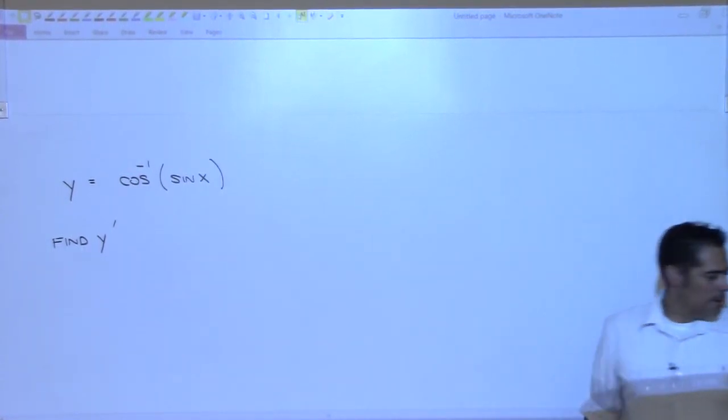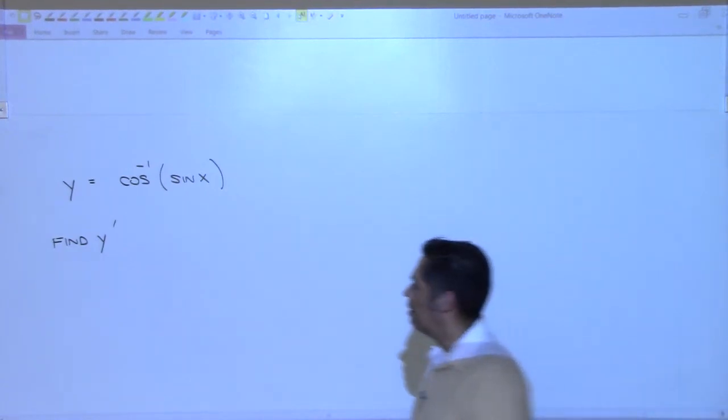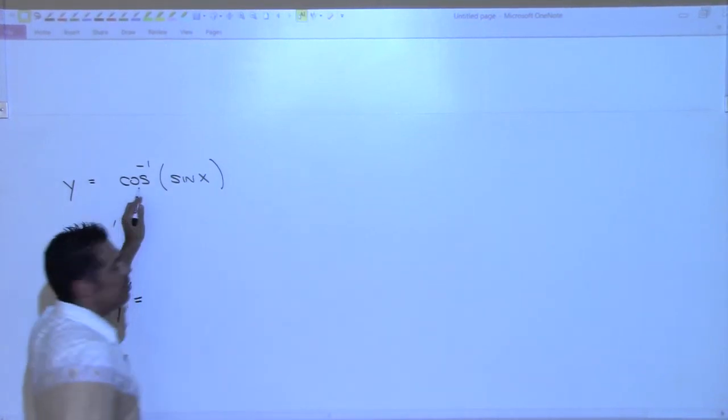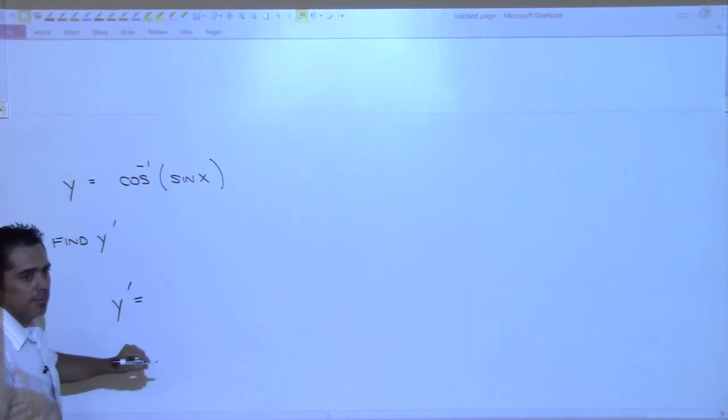What do you see? Do you see product? Do you see quotient? When you look at that, chain rule, okay? So you always start with the outside function, which would be arc cosine. So what is the derivative, Marissa, of arc cosine of something?